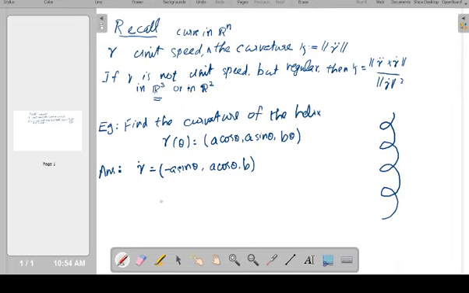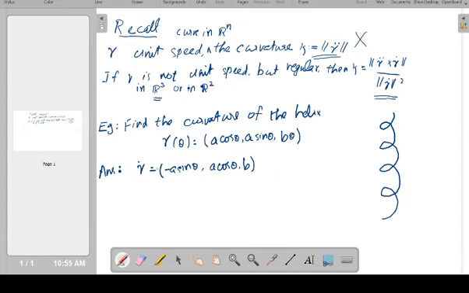It need not be equal to 1. It depends on a and b. Therefore, this is not a unit speed curve. So you cannot use this formula or this definition to obtain the curvature. Therefore, we will try to use this second formula.